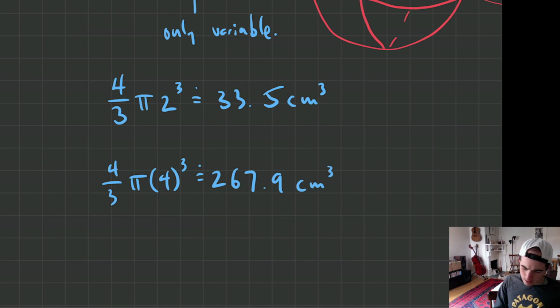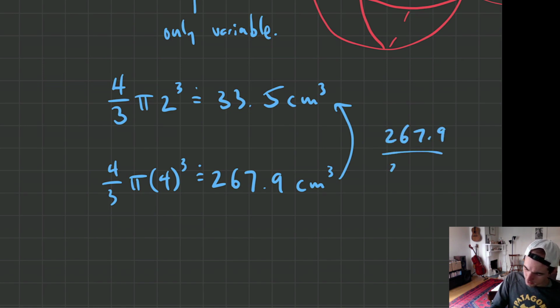Now let's figure out, if we've doubled the radius, how much bigger did the volume get? Well, 267.9 divided by 33.5 is approximately equal to 8.